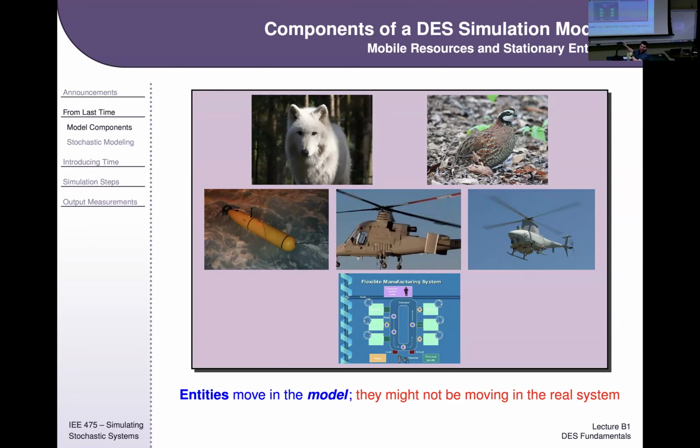And in all of these cases, and also flexible manufacturing systems where different elements of the factory can make decisions about whether they let a part pass or whether they decide to take on and work with the part right now. In the real world, maybe except for the flexible manufacturing system, we're thinking about the finite resource as, in the animal case, the wolf or the quail.